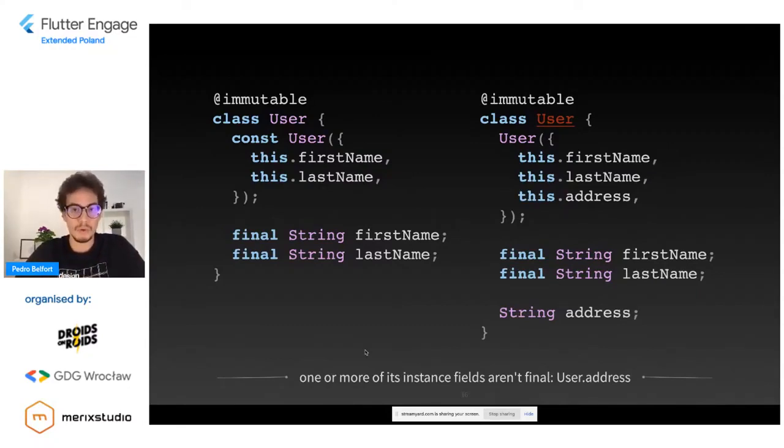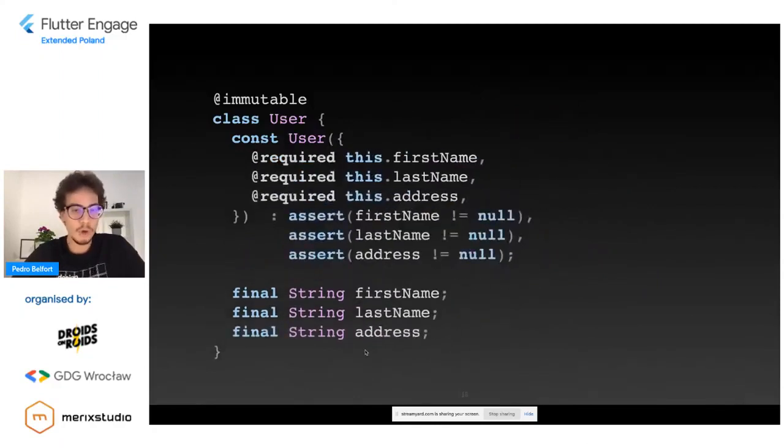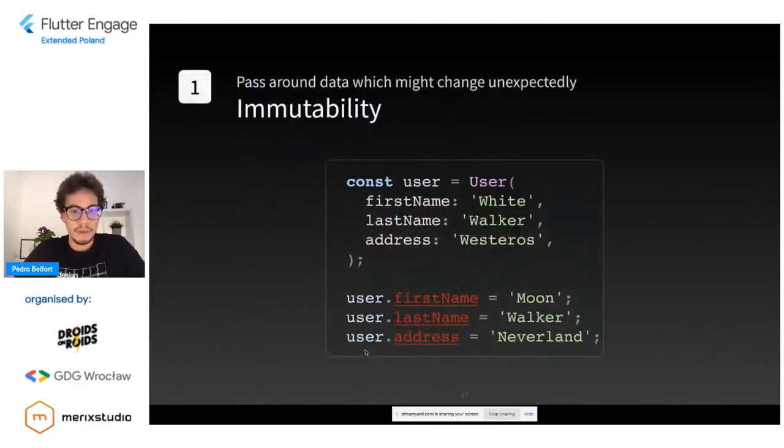It's just giving a warning. If you go one step further, you're probably going to add some required decorators and also some assertions to make sure that neither the first name, last name, nor address can be null. All right, so in the end, I cannot change the first name, the last name, or the address.